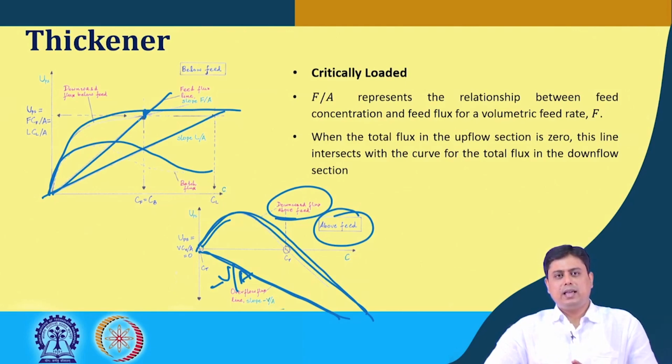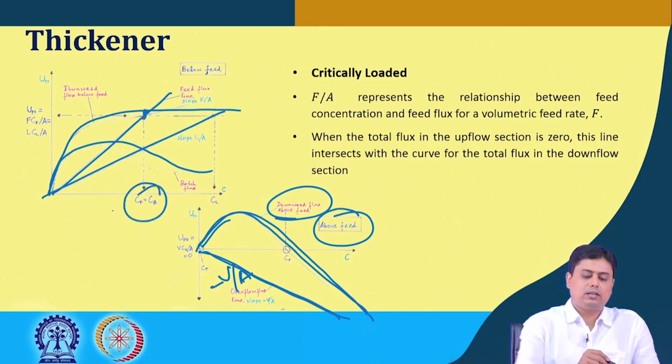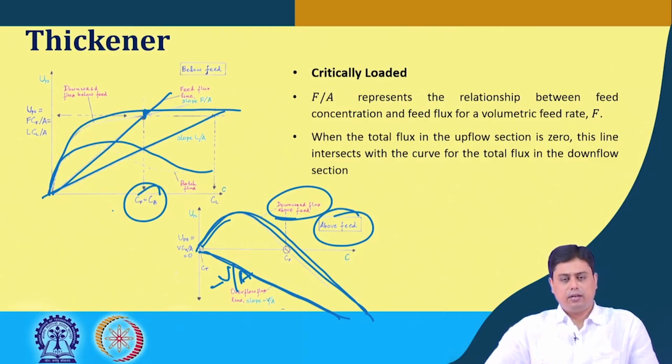So, we say that this is a critically loaded thickener, and at that position this Cf, the feed concentration, is actually the overall bottom mean composition, which is Cb.